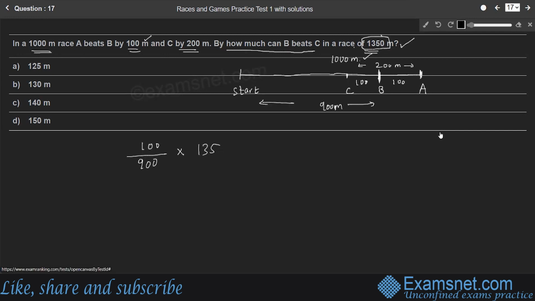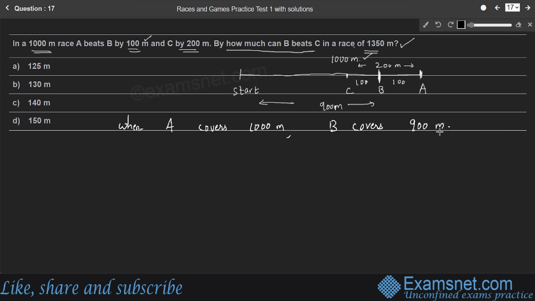So step by step we'll go. When A covers 1000 meters, B covers 900 meters.